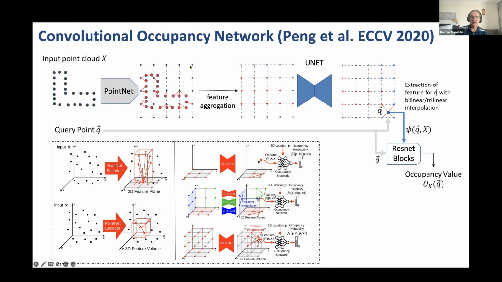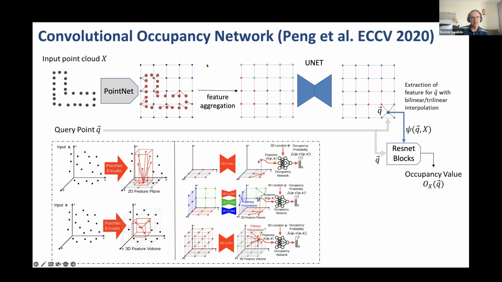Then you apply a U-Net, and out of this U-Net you input into what we call a coordinate-based network, where, when we have a query point Q and we want to compute the occupancy value of Q, we take into consideration, as conditional, the neighborhood feature vectors.